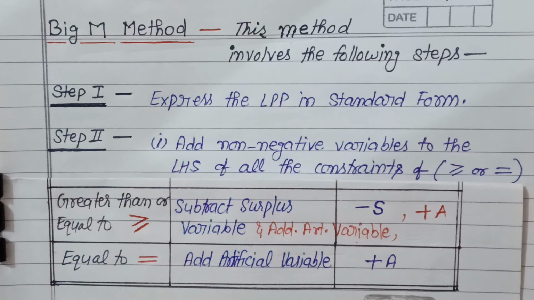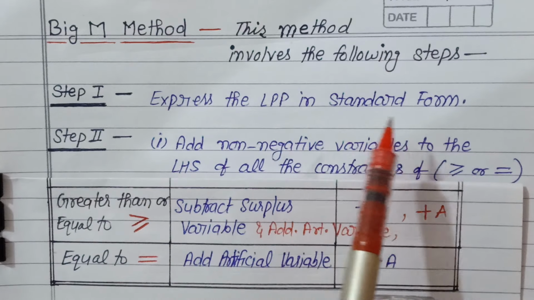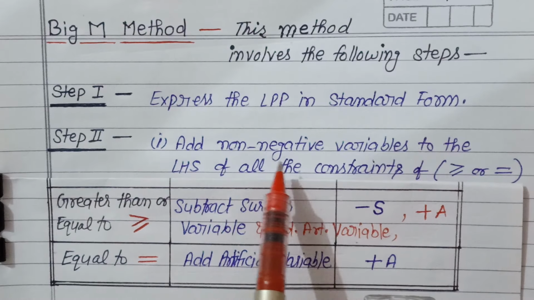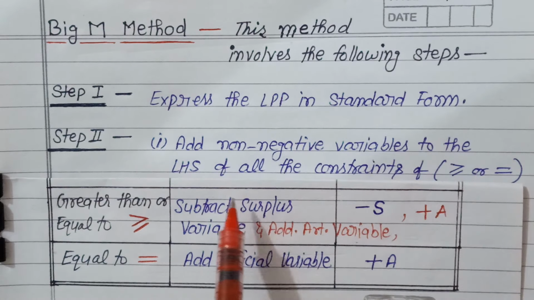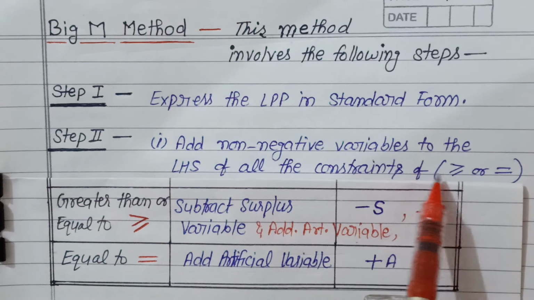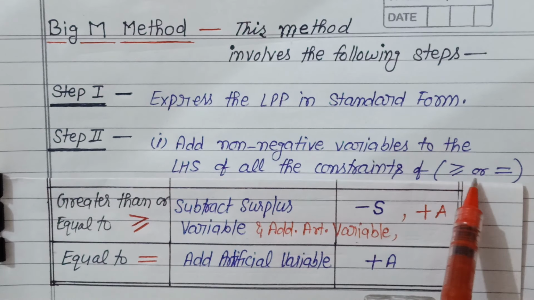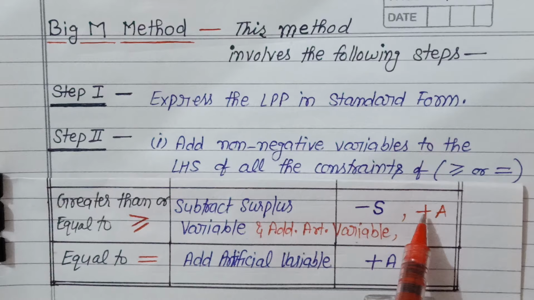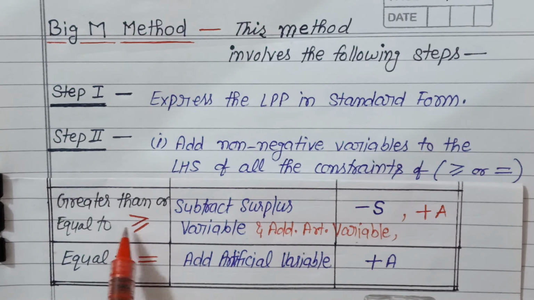Step 1, we have to express the LPP in the standard form. For step 2, add non-negative variables to the left hand side of all the constraints of greater than or equal to or equality type. For example, if the constraint equation has a symbol of greater than or equal to, then we have to subtract the surplus variable, that is minus s, and we have to add an artificial variable, plus a, to make the inequality symbol an equality.